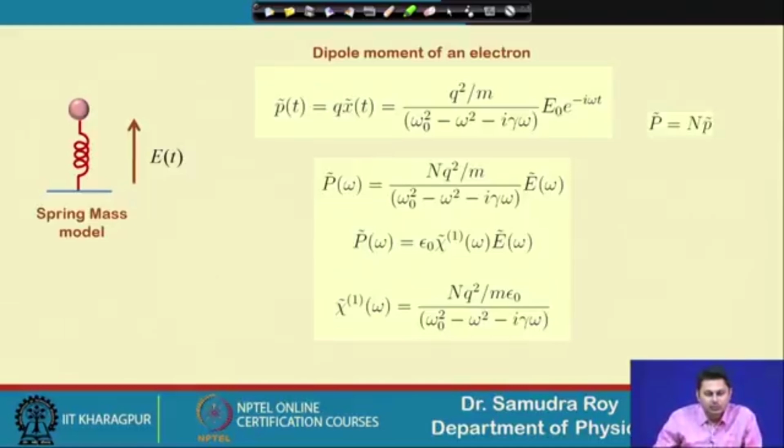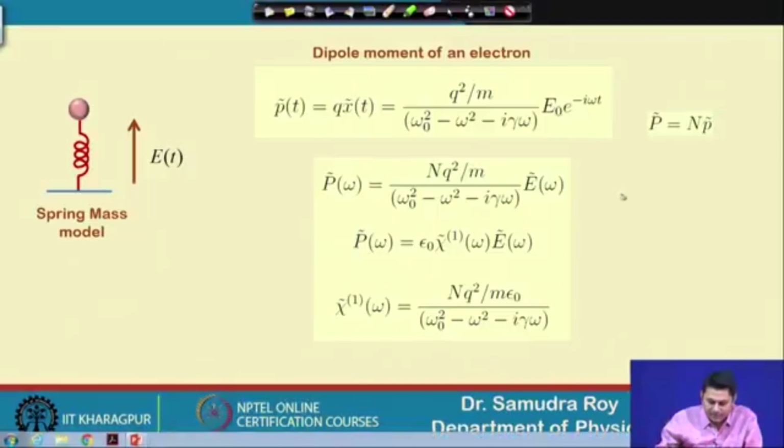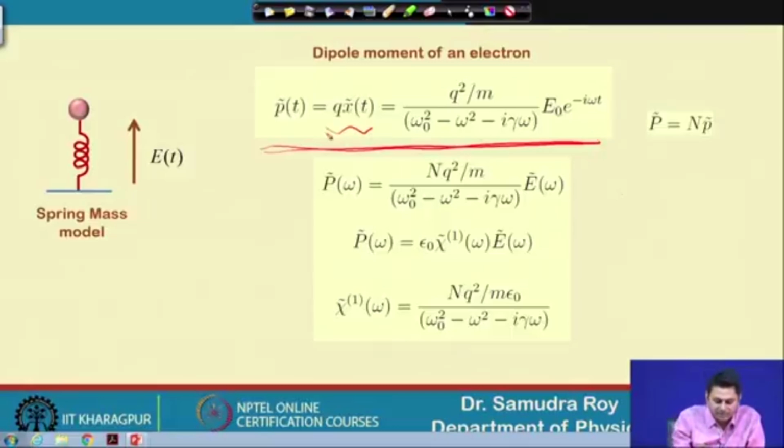From this x 0, it is now possible to find the value of the susceptibility. How do we figure it out? Again, this is very straightforward. Once we have this value P, where P is my polarization, in other words P is my dipole.